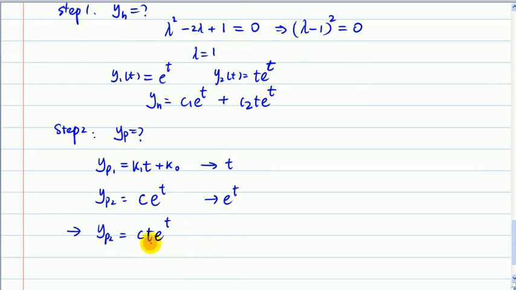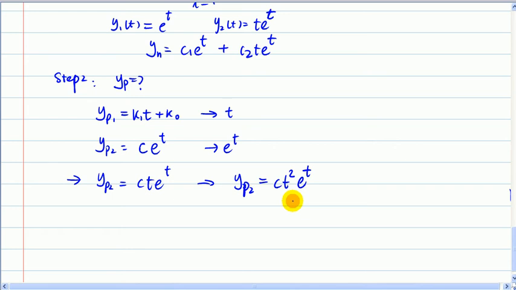Well, hold on a second. You may think that's enough, but actually not, because when you examine again, look at this one here: it is also duplicated, and the only reason is because your lambda here is a double root. So with a second modification, your yp2 should be multiplied by t squared.